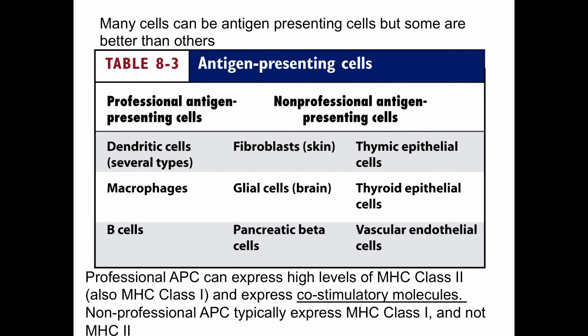These can mostly be thought of as any cell that has a nucleus in our body, and all those cells express MHC class 1. One of the things that makes professional antigen-presenting cells special is that they not only express MHC class 1, but also high levels of MHC class 2, and special molecules referred to as co-stimulatory molecules that help promote T-cell activation. We'll talk more about the steps involved in T-cell activation in a later lecture.